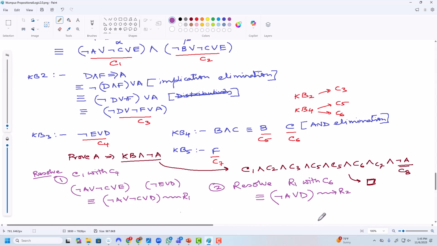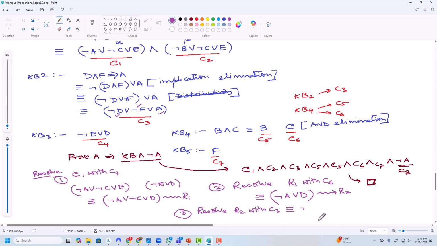So step 3 is resolve R2 with C3. Then not A cancels with A, D cancels with not D, so what remains is not F. There's a not F here, right?